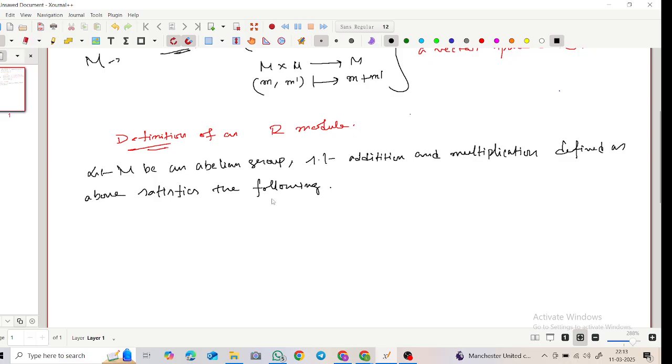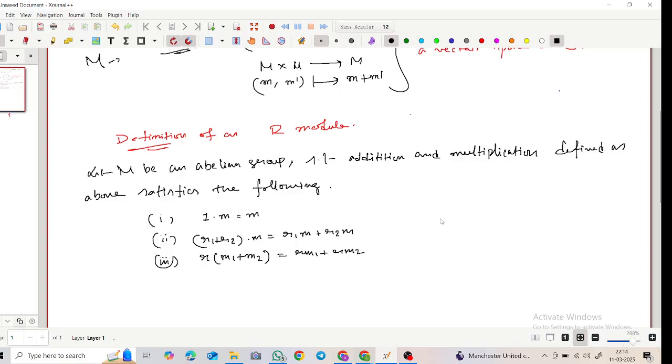Satisfies the following. First, 1 times m is m. (r1 plus r2) dot m is r1 m plus r2 m. r times (m1 plus m2) is r m1 plus r m2.